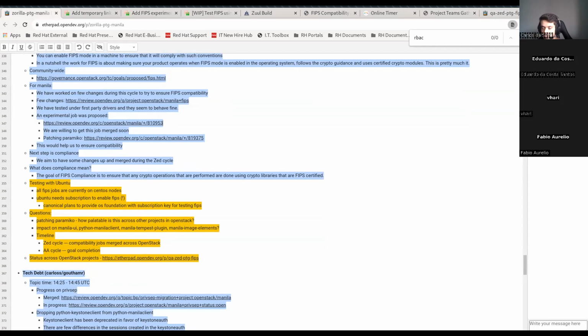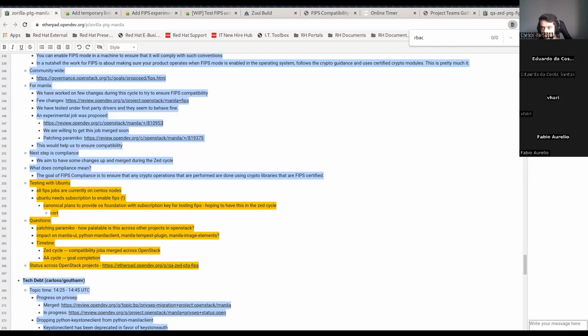But we hope that at least within the next month or so to be able to have FIPS tests that are run on Canonical. And so this could, for at least some projects, alleviate the burden they have to actually get things running on CentOS when they can't.